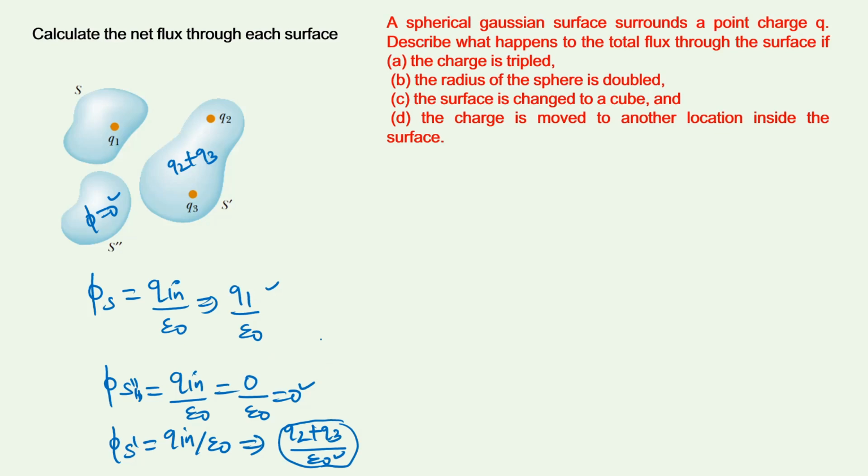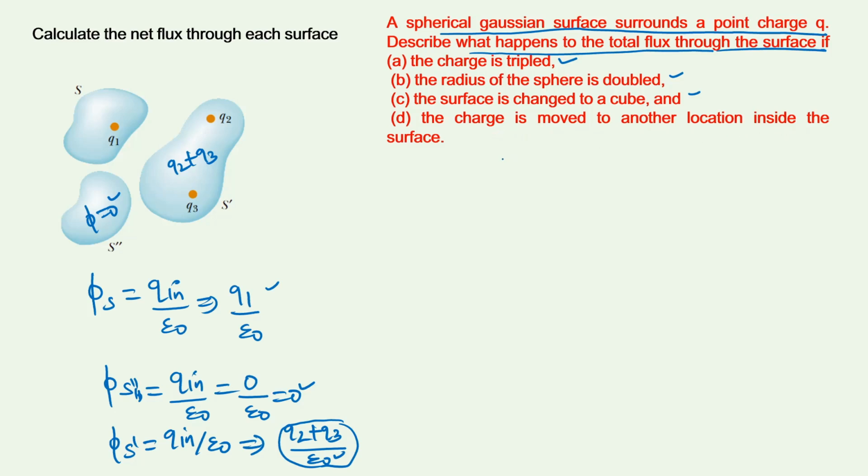Now another question. A spherical Gaussian surface surrounds a point charge q. Describe what happens to the total flux through the surface if the charge is tripled, the radius of the sphere is doubled, the surface is changed to a cube, and the charge is moved to another location inside the surface.